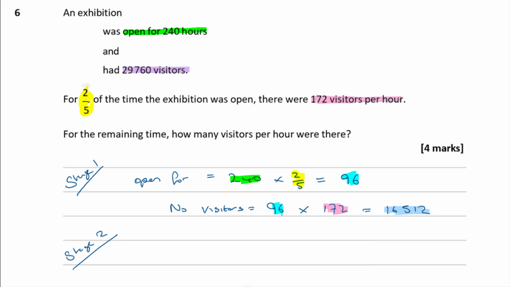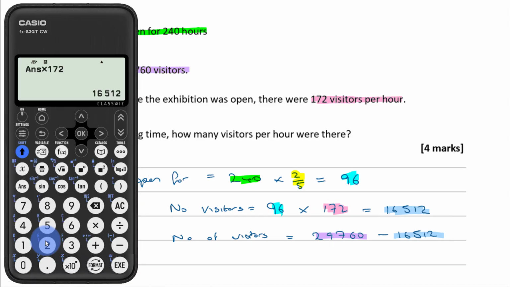So number of visitors is going to be the 29,760 that came altogether, minus the 16,512 that came in the first session. So 29,760 minus that answer comes out to be 13,248.